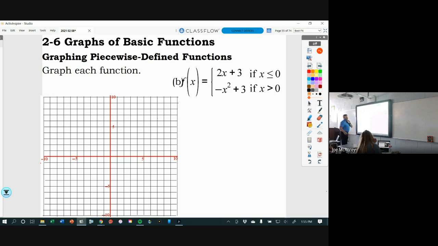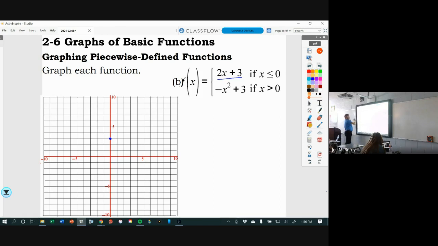Okay, if I was going to graph the line 2x plus 3, I would start at 3. And that slope is 2. So it's going to be a steep line like this, right? Increasing. But this line only exists when x is less than or equal to 0. So I'm going to use that closed circle.